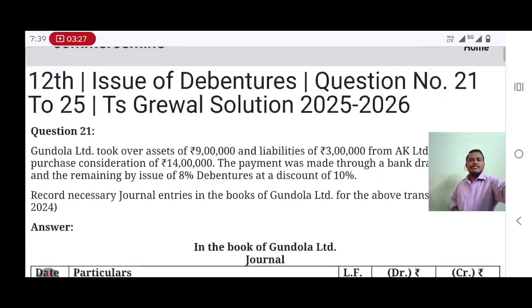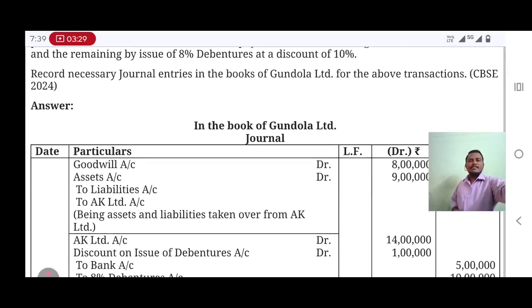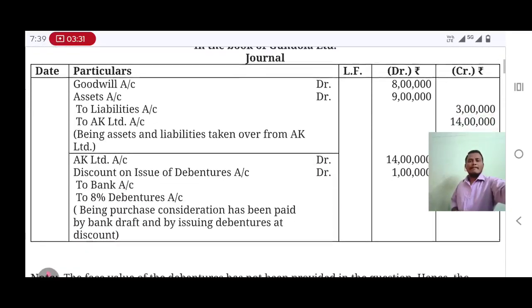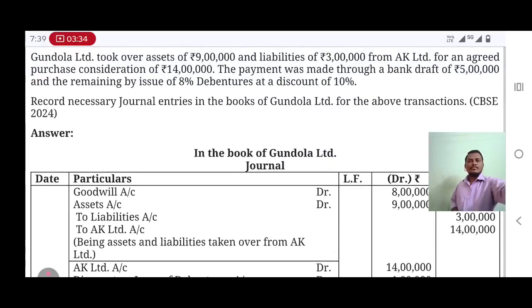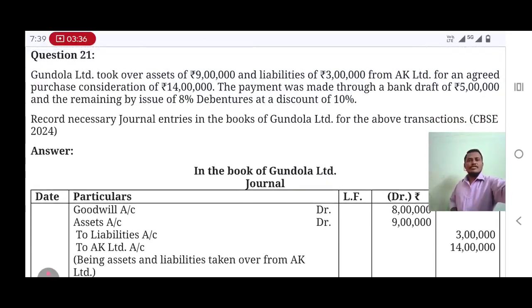This is taking over of the business. This is also the same. It took over assets and liabilities from AK Limited. So assets account debit 9 lakhs, liabilities 3 lakhs, and AK Limited is the vendor. So assets account debit to liabilities account, to AK Limited account.